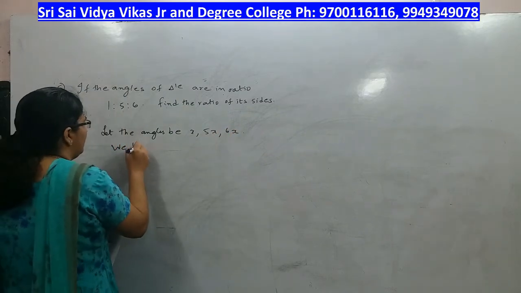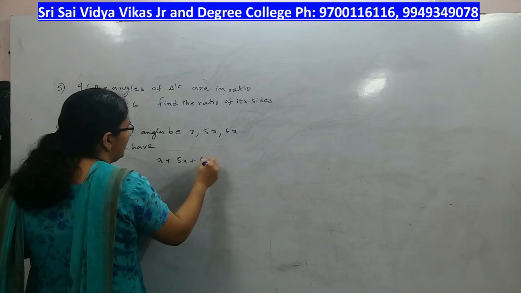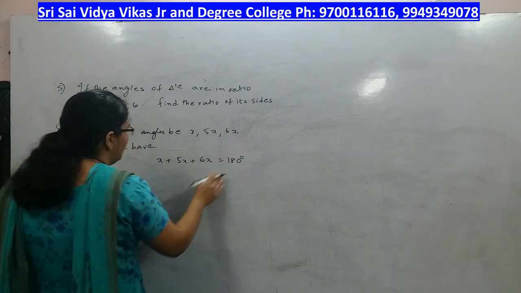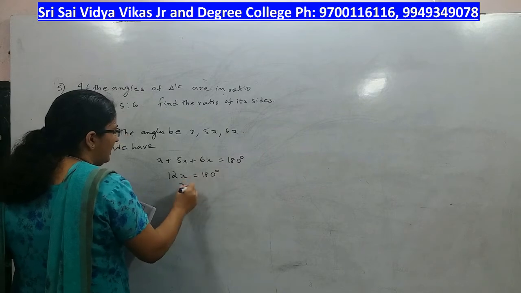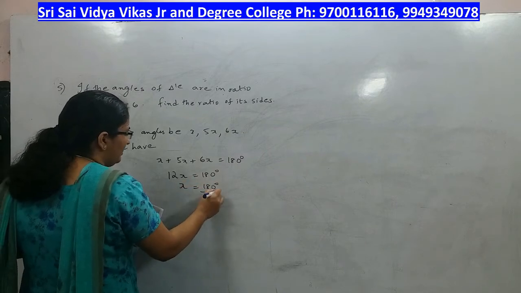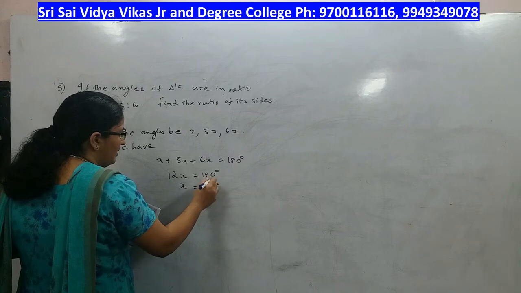We have x plus 5x plus 6x is equal to 180. 12x is equal to 180. X is equal to 180 by 12. 12 15s are 180.